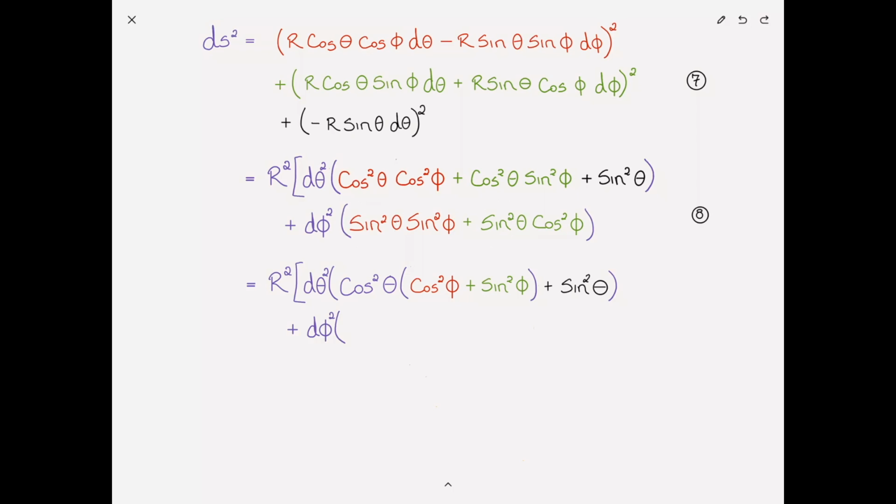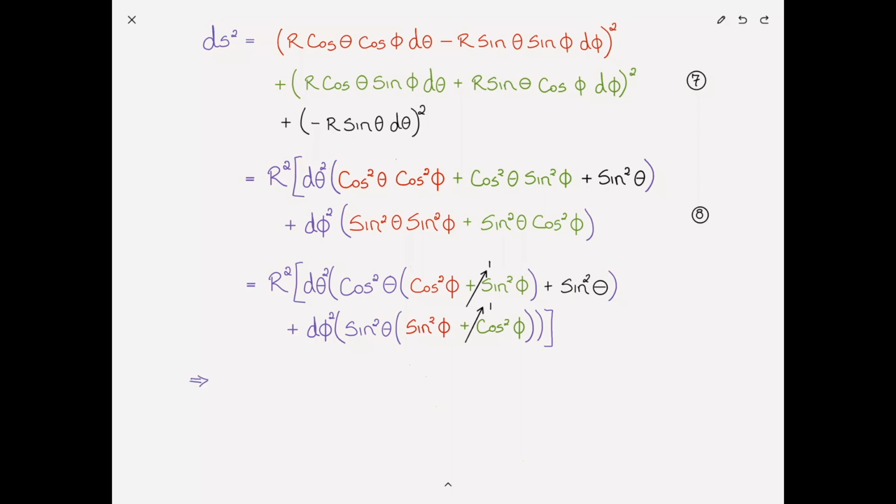I can take that out as a common factor. So sine squared theta times, and then I'm left with a sine squared phi plus cosine squared phi. Close parentheses. And close the brackets. Now, using trig identities, we know that cosine squared plus sine squared is 1. So that reduces this to 1 and this to 1.